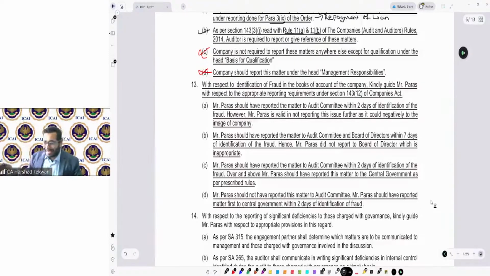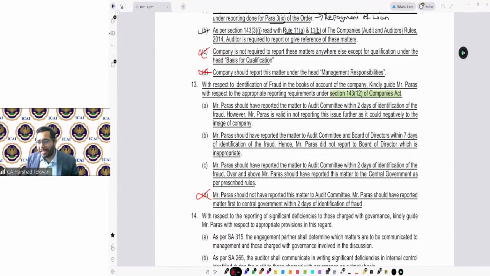See, from the basic understanding of the provision, you should remember that first it's reporting to the management or audit committee, then it is reporting to the central government under section 143(12) of the Companies Act. So by that way, I can at least say option D is incorrect.